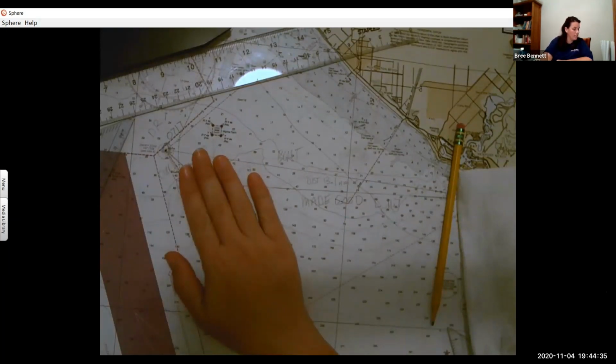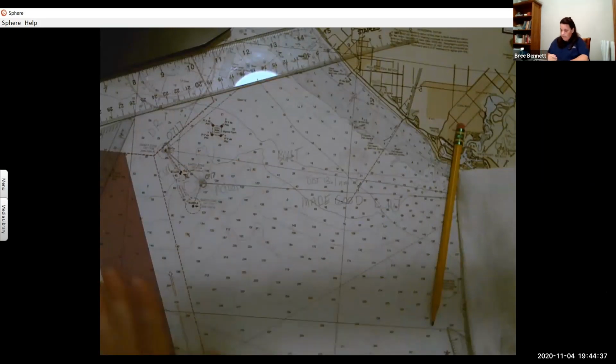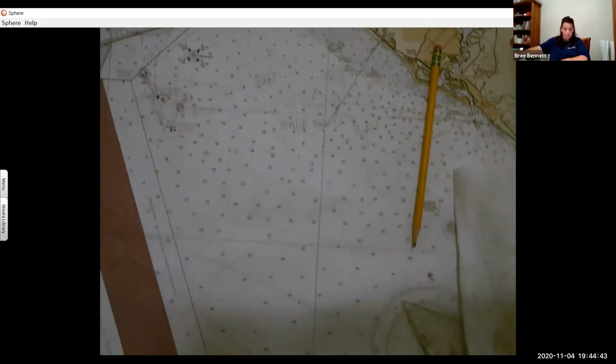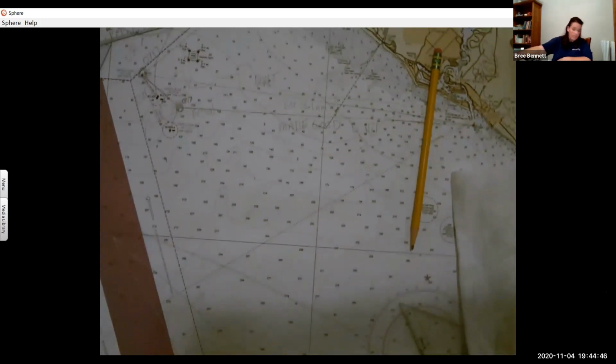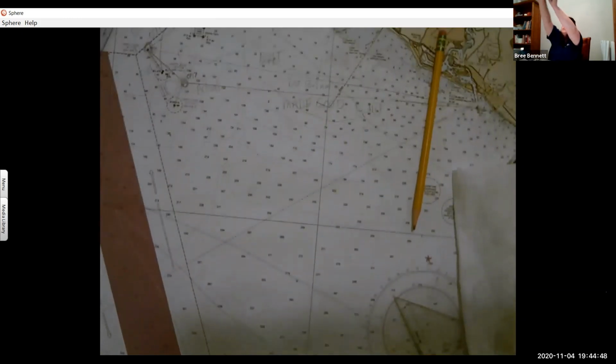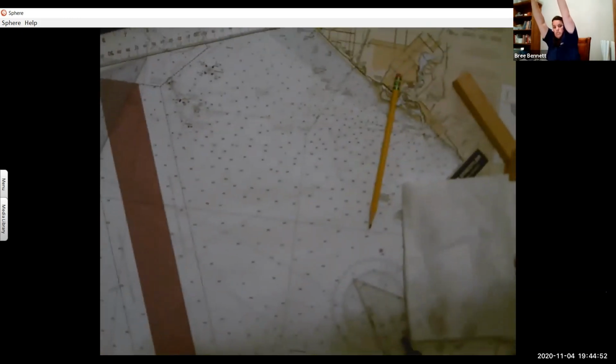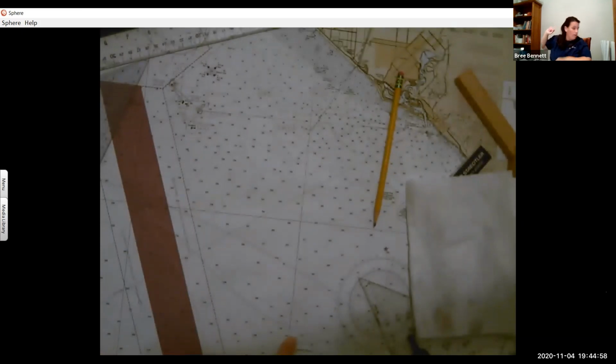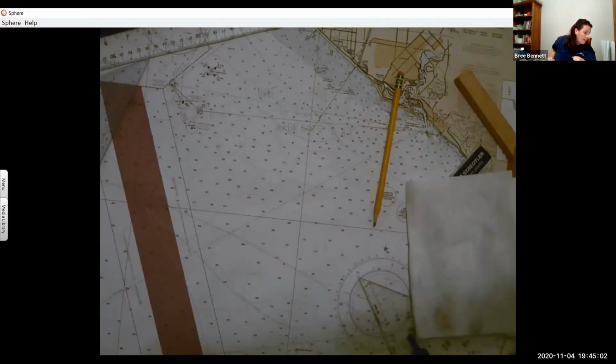We haven't gotten any fish, so we're going to head to another hot fishing spot at 14 Mile Bank. I'm going to have to zoom out. So down here is our 14 Mile Bank, and we have a lat long. First we need to plot the lat long to figure out where our destination is.